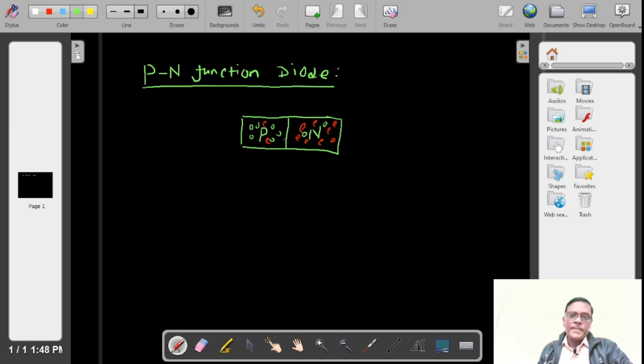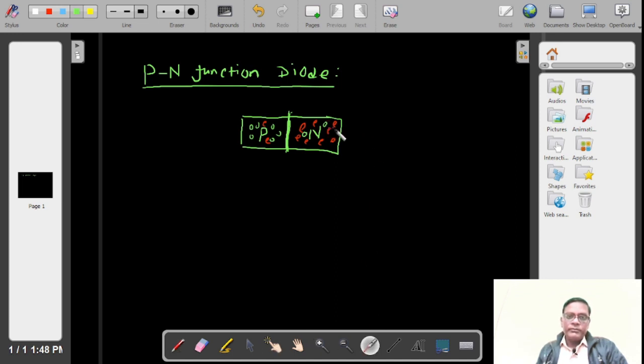So as soon as we join the p-type and n-type semiconductors together, what happens? If we consider this as a junction, the meeting point of p-type and n-type, and compare the concentration of charge carriers on the left hand side and the right hand side, we can observe the concentration of holes is higher on one side.